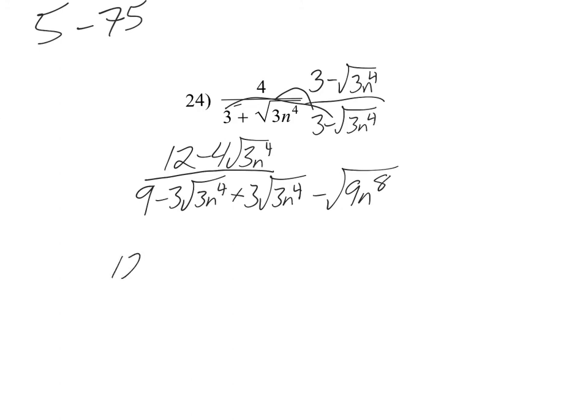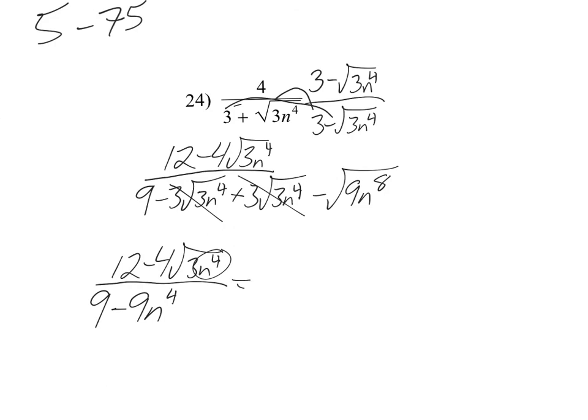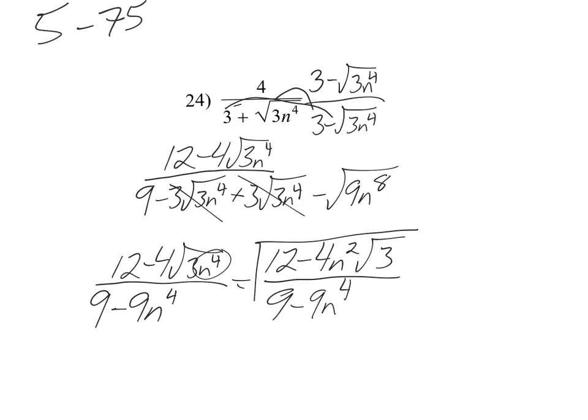So that's going to give me 12 minus 4 radical 3n to the 4th over 9. These two are going to cancel, minus 9n to the 4th. Looking at this top, n to the 4th, I can simplify that. So I have 12 minus 4n squared radical 3, over 9 minus 9n to the 4th. Can I take anything out of all these? No, I can't. So this is my final answer.